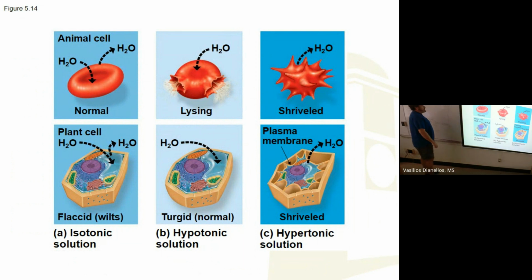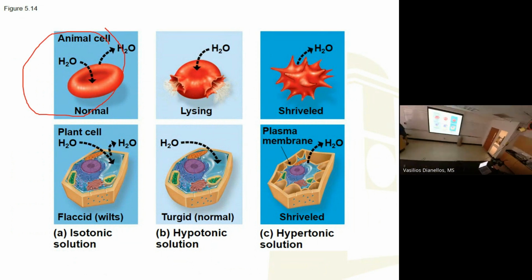Plant cells, on the other hand, prefer the hypotonic solution. So the water's coming in, kind of pushing out on the cell walls. Isotonic's not very bad, but it would wilt. And of course, if it's hypertonic, it would shrivel just like animals. The big ones here are knowing that animal cells prefer isotonic, plant cells prefer hypotonic.